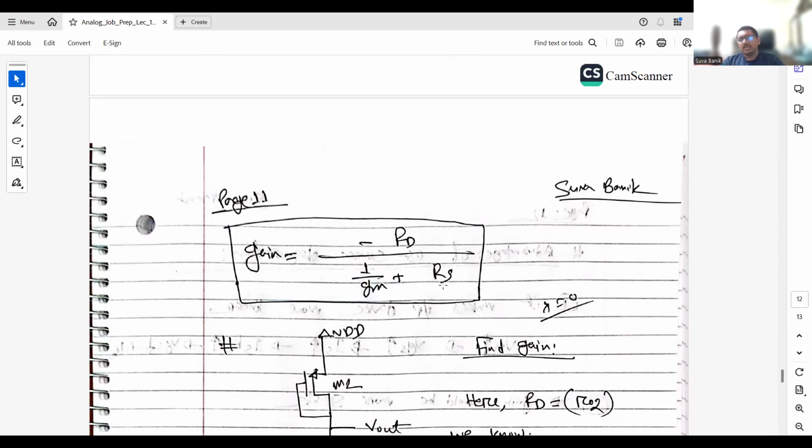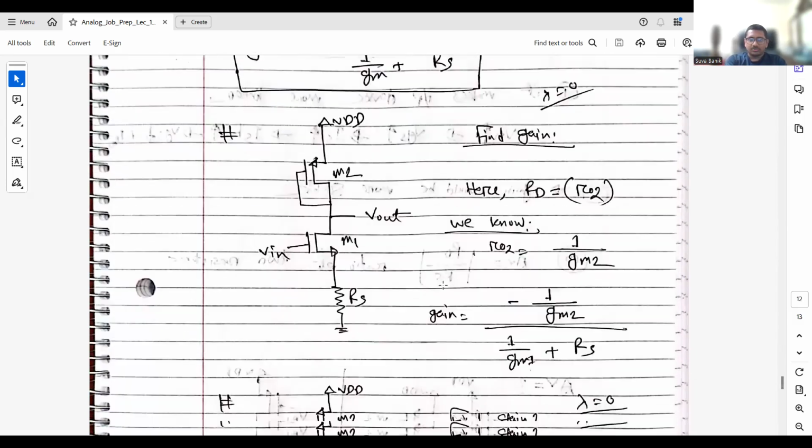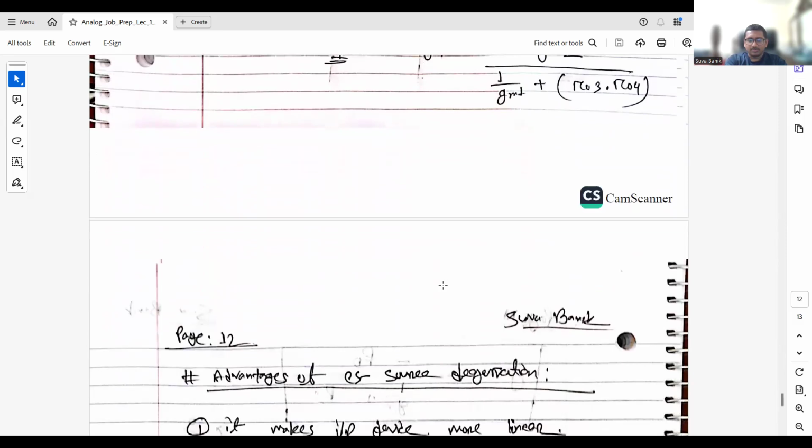So what is the beauty? The beauty is that R is temperature dependent. Both are resistances, so if RD increases, RS also increases. In this way, it nullifies the effect. If RD decreases, RS also decreases, due to noise or temperature, whatever.